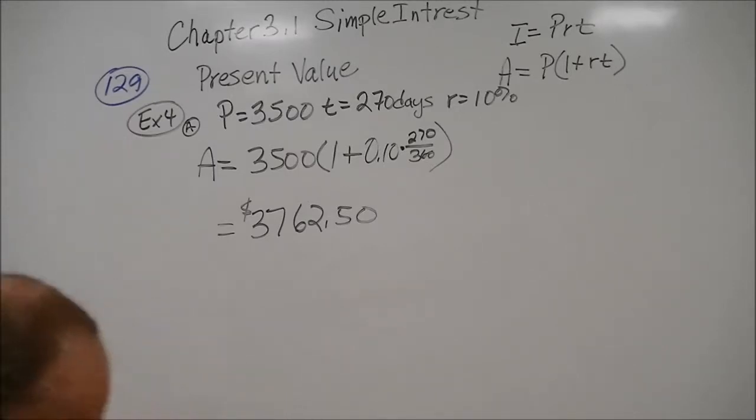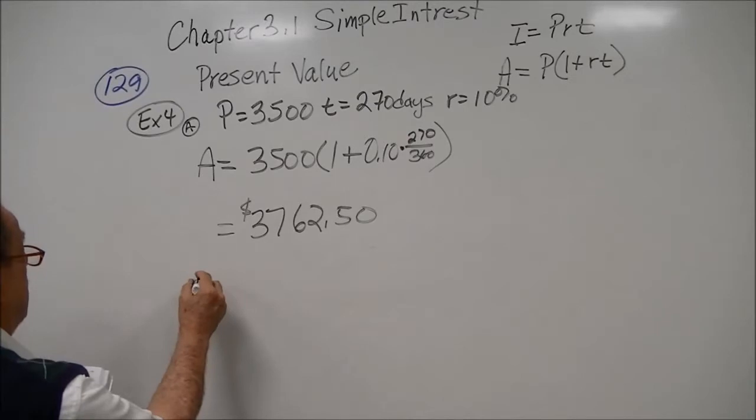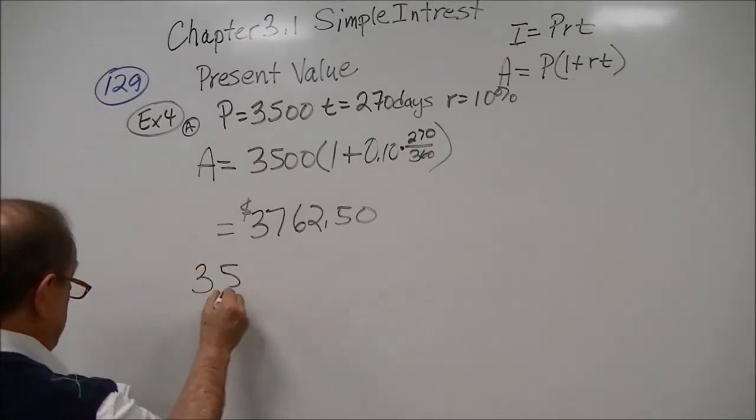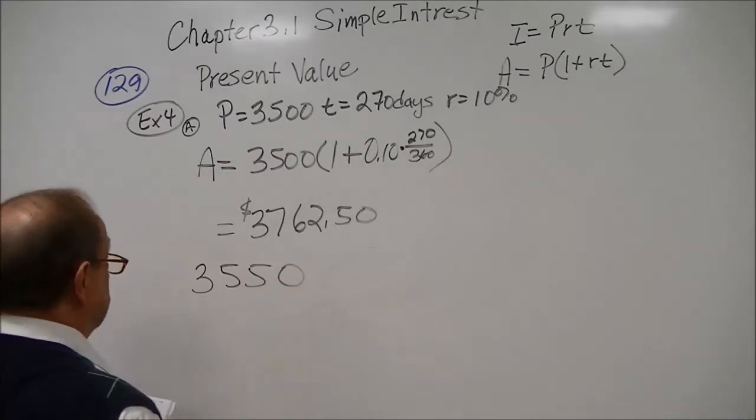But I find that I have to do something. And what the book is telling us is that 60 days later, you find that you need the money and sell the note to a third party for $3,550.